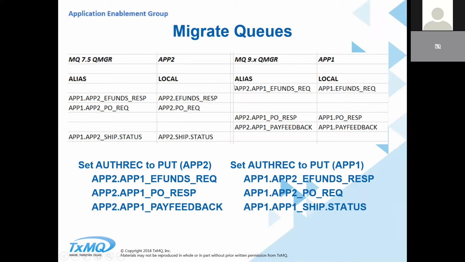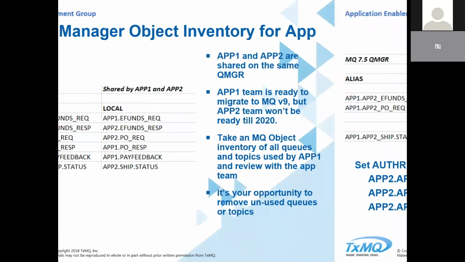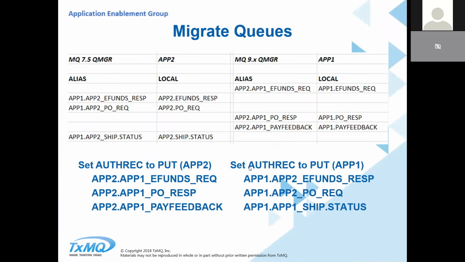And the thing that I don't show you here is that there would be some connectivity between these two queue managers. They'd be shared in the same cluster, for example. But this is me going and showing a basic lift and shift of the objects and then setting their appropriate auth recs between these two applications.